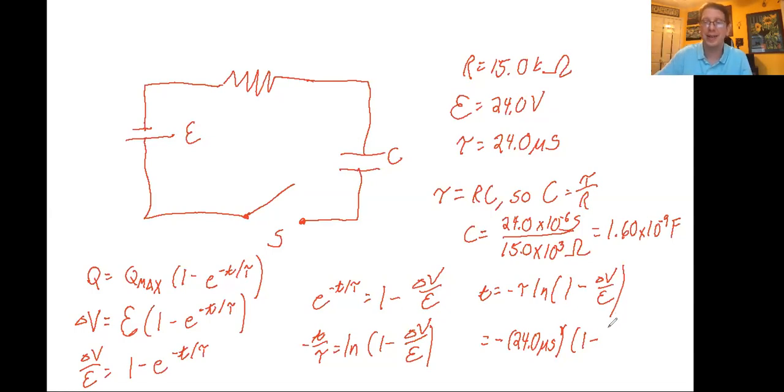The voltage across the capacitor is 8.0 volts, because the sum is going to add up to 24 regardless. So this is 8.0 volts divided by 24.0 volts. And so you plug those in. So that's 1 minus 1/3, or 2/3, and you're taking the natural log of 2/3.